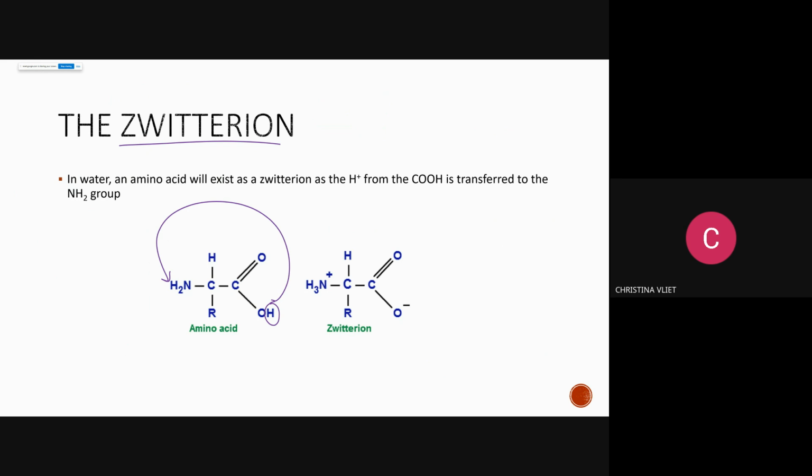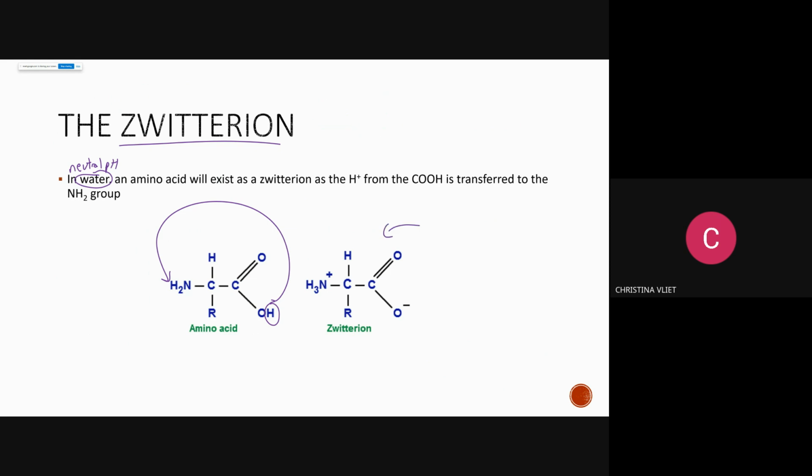In a neutral pH, and we're going to be looking at solutions of different pHs. In a neutral pH, which is the pH of pure water, an amino acid would exist as the zwitterion. Why? Because in water, the acid will act as an acid, which means it does what? Gives away H plus. And the base will act as a base, which means it receives H plus.